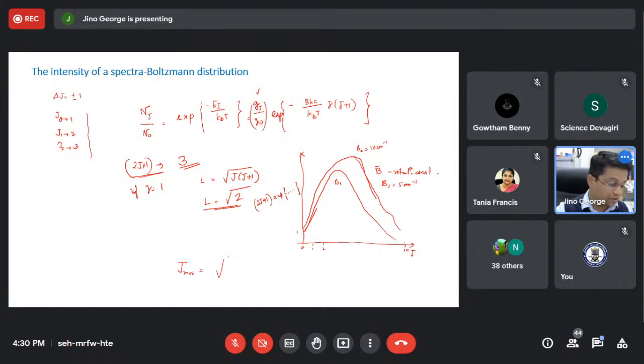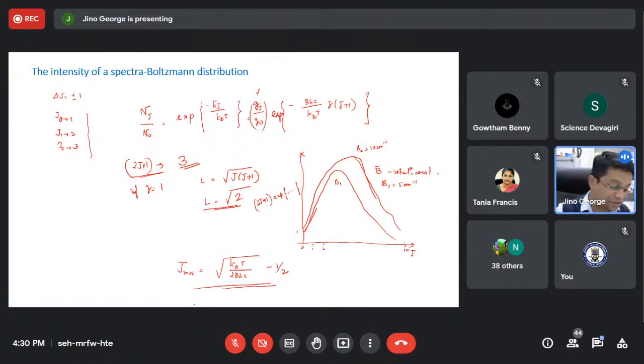We also see a relation for J max. This is under root of kBT divided by 2BhC, minus half. This is also derived in the book of Peter Bernath, you can check it.